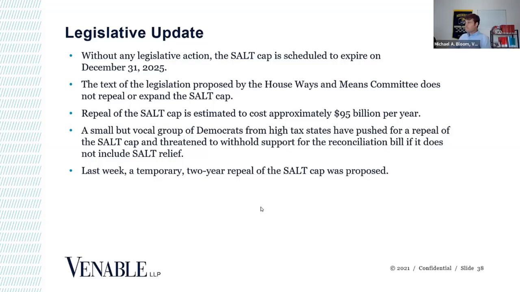Okay. So on the legislative front, without any legislative action, the SALT cap is scheduled to expire on December 31, 2025. And a number of states have tied their PTE workaround to the SALT cap, saying their PTE workaround expires December 31, 2025, or if the SALT cap is repealed, it expires then. I think even if the SALT cap expires, there are taxpayers that could benefit from PTE workarounds because there are AMT savings.